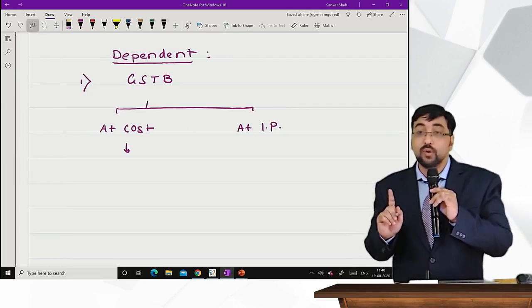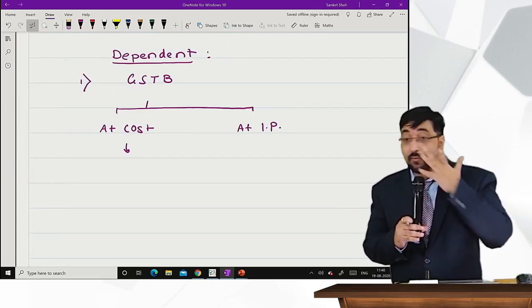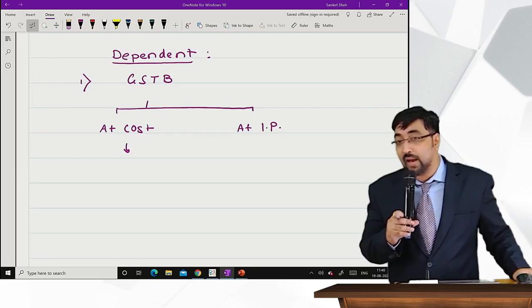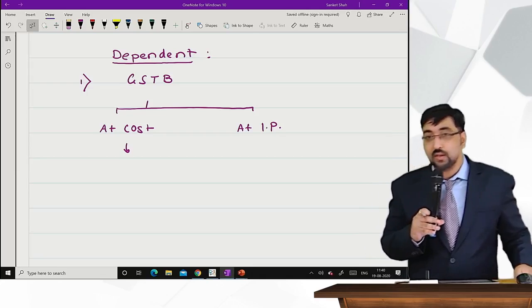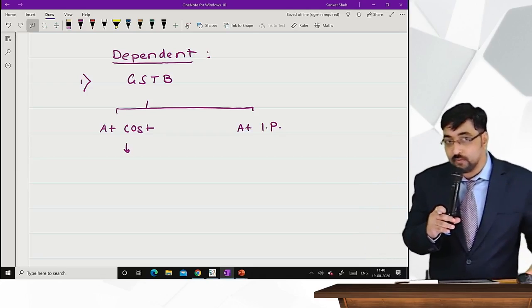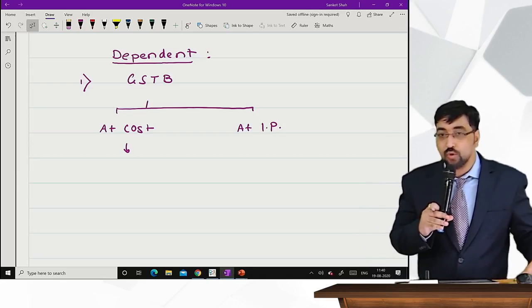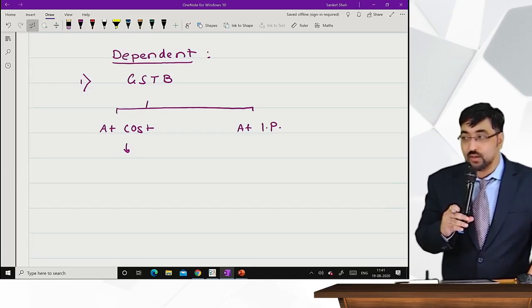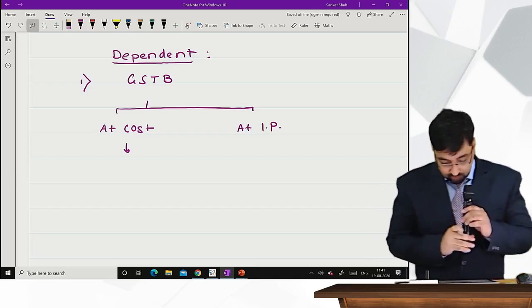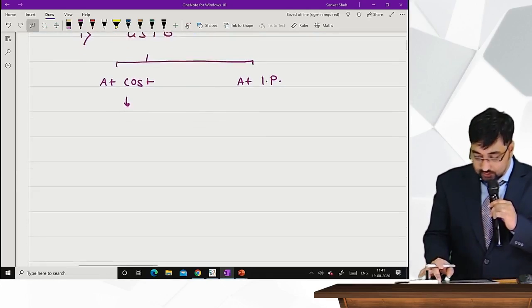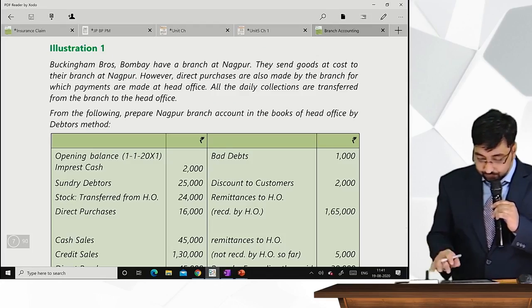So what you have to remember: for debtors method, you will think from the angle of HO, and for stock and debtors method, you will think from the angle of branch. Please concentrate. So at cost and at invoice price.